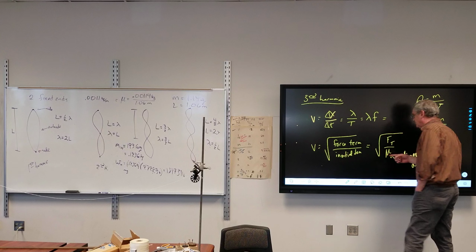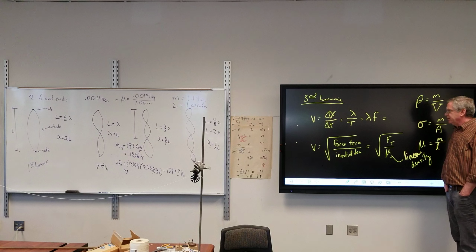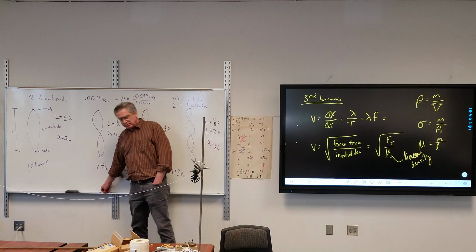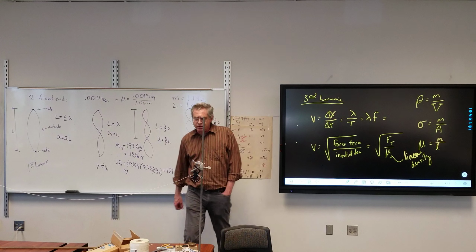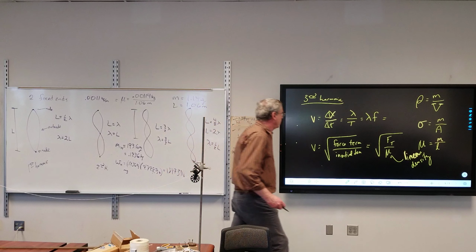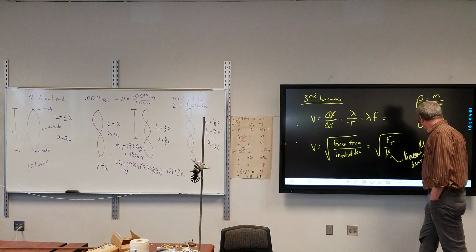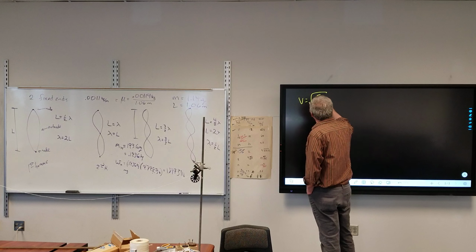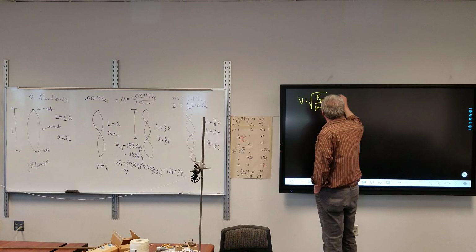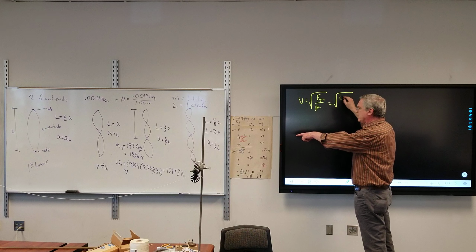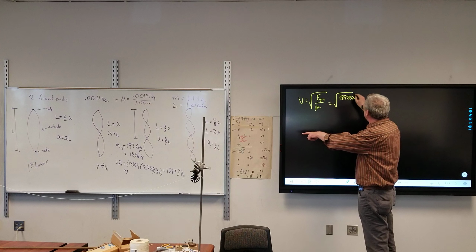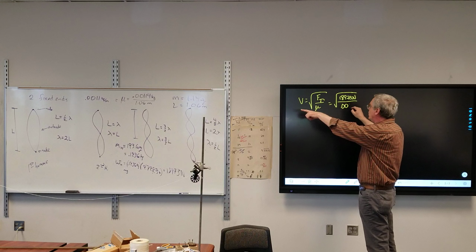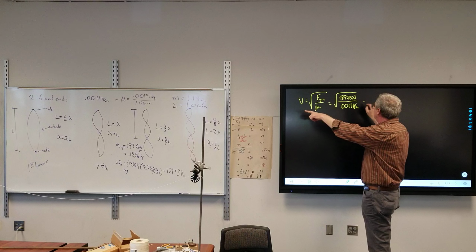I have the linear density. So let's find out what the speed is. Speed is the square root of the tension over the linear density, which is the square root of 1.8973 newtons, divided by our linear density, 0.0011 kilograms per meter.